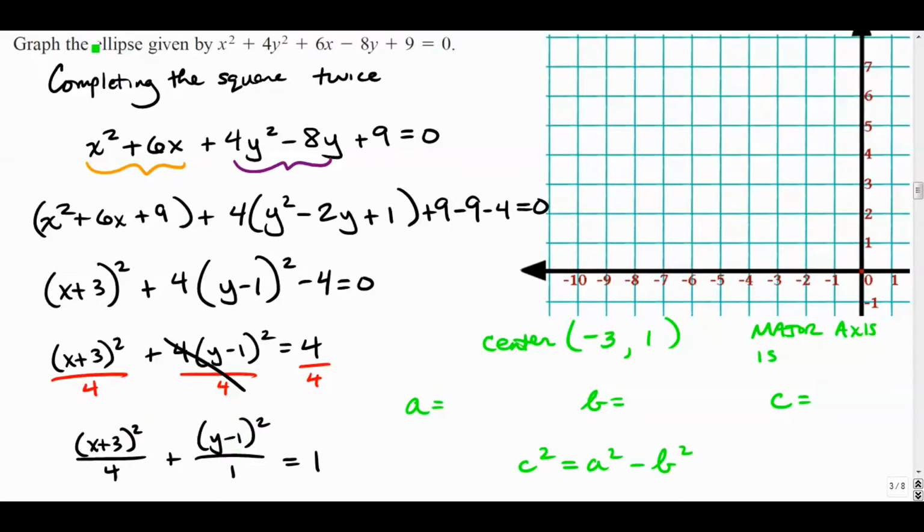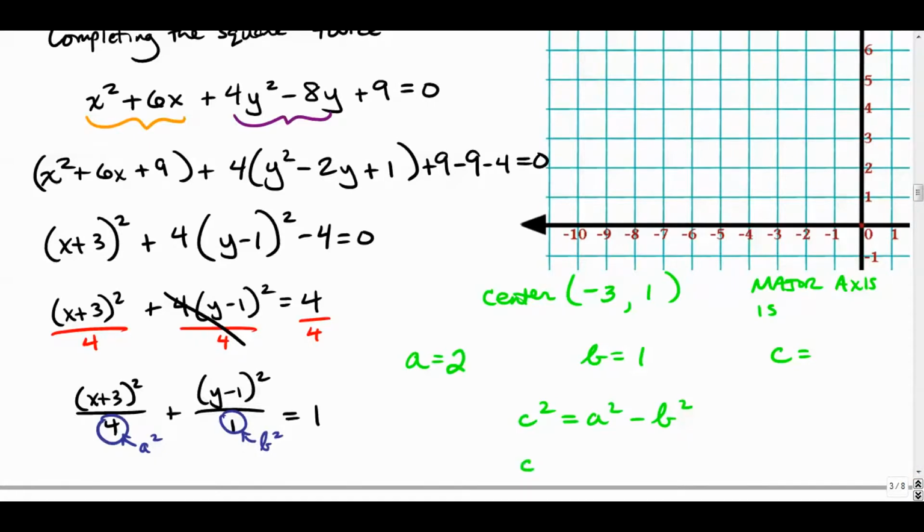The A value is always the bigger of the two denominators, so that's actually A squared. If A squared is equal to 4, obviously A is equal to 2, which means that down here B squared is equal to 1, so B is equal to 1.